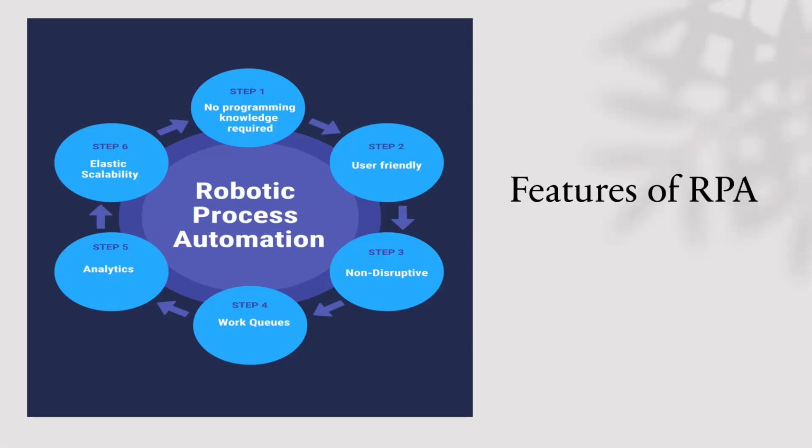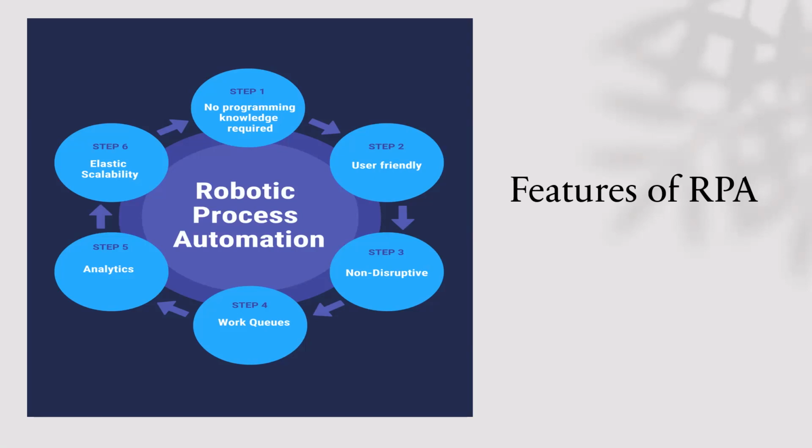Then work queues: RPA technology can be used to process a very minimal amount of workload to a very huge amount of data. So it can work on a very large amount of data. Then analytics: we can use RPA for analysis purposes. Then it is elastic, and it has very huge scalability.